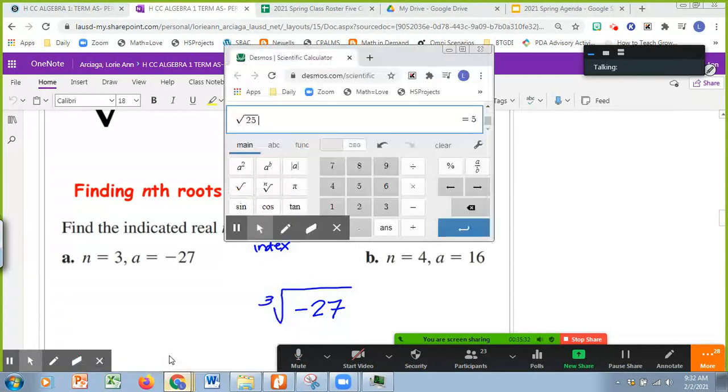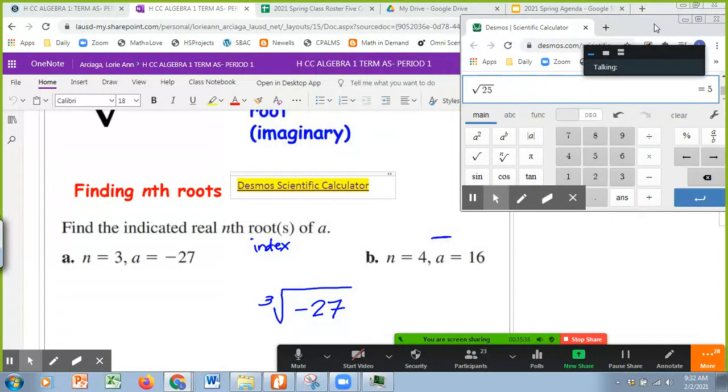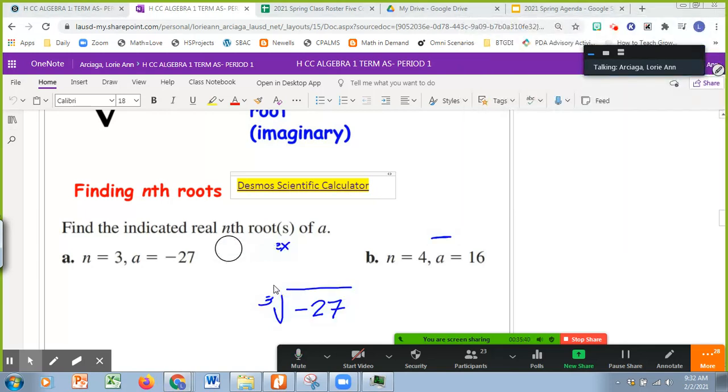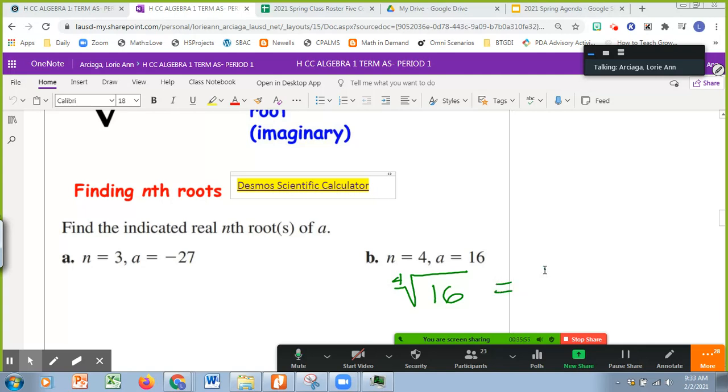If we're going to write that down, it's going to be the fourth root outside, right? Of 16. This actually means you're looking for that number such that when you raise it to the 4, or multiply it by itself 4 times, you're going to get 16. So we're going to find this number over here.